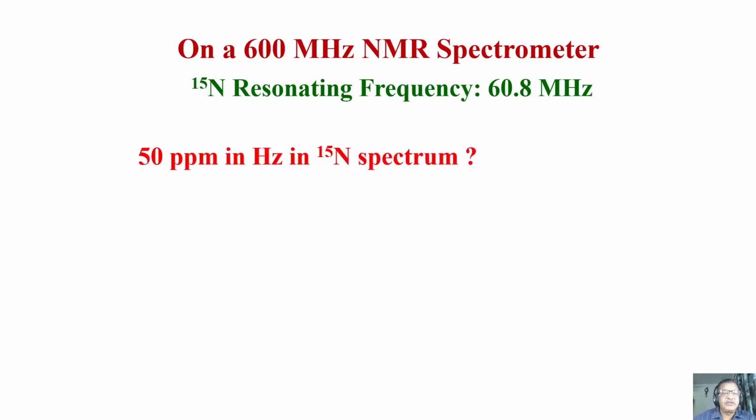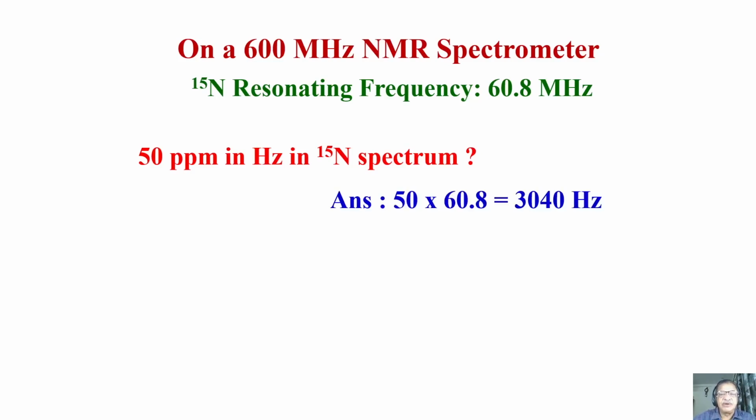Now my question is, what is 50 ppm when expressed in hertz in the 15N spectrum? So in the nitrogen 15 spectrum, what is 50 ppm on a 600 MHz spectrometer? I'm sure, having discussed so much, all of you would be in a position to answer this. In any case, let us calculate.